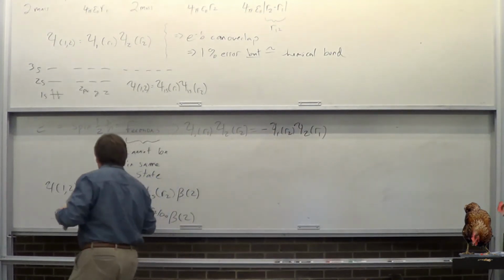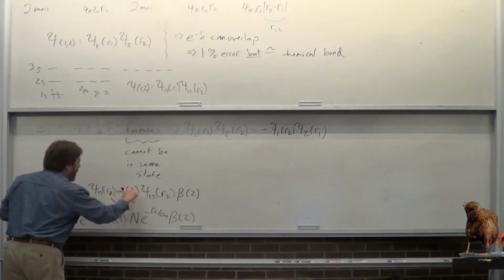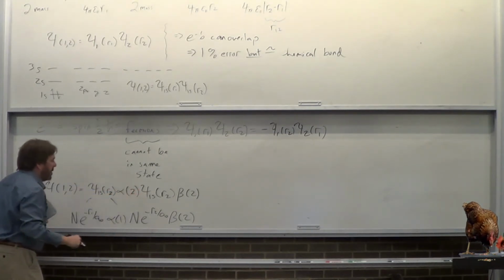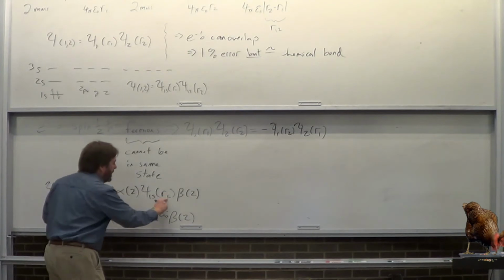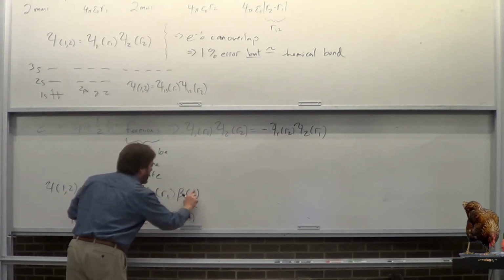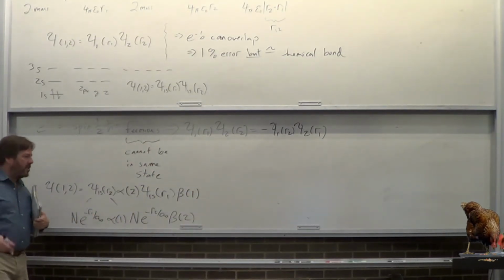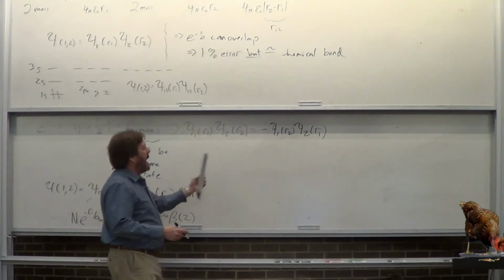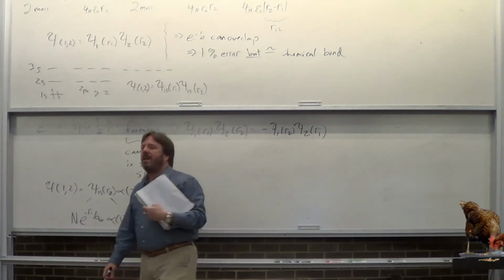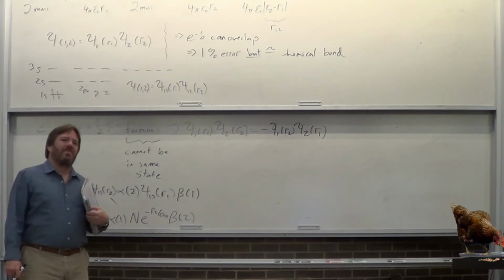Here, I'll do it on this. Wherever I see an r1 or anything that designates the first electron, I write a 2. And wherever I see a 2, I erase it and I put a 1. Okay, if I do that, I have got to have a minus sign pop out. It's got to be equal to the same thing with a minus sign.